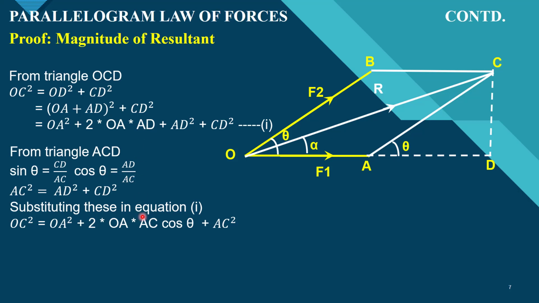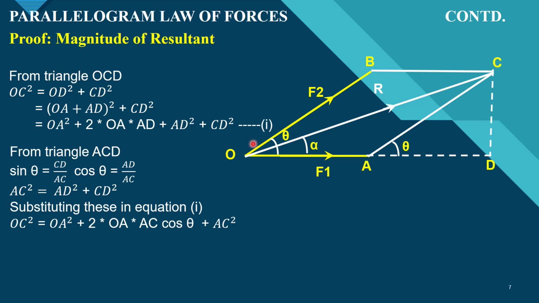So instead of AD, I am writing AC cos theta. Now what is AD square plus CD square? That also can be obtained from this triangle, right? AD square plus CD square is AC square. So I am writing that here. Our equation becomes OC square is equal to OA square plus 2 OA into AC cos theta plus AC square.